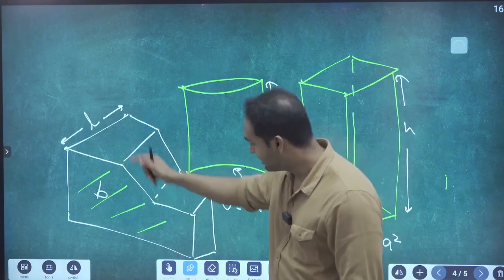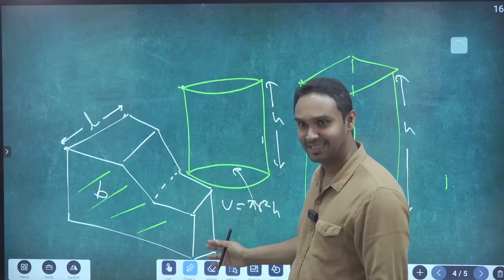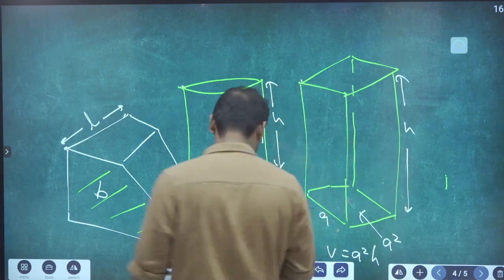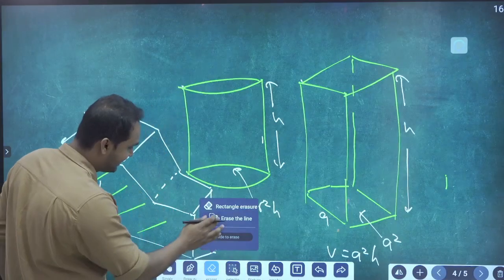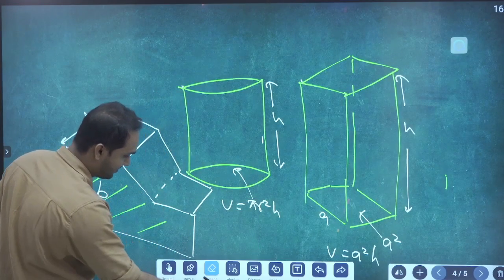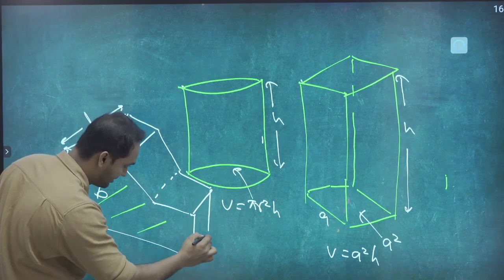Because of this cross sectional area, this part is the issue. So if this part is the issue, I'll take it straight like this.